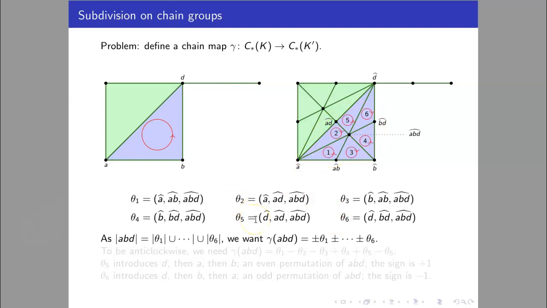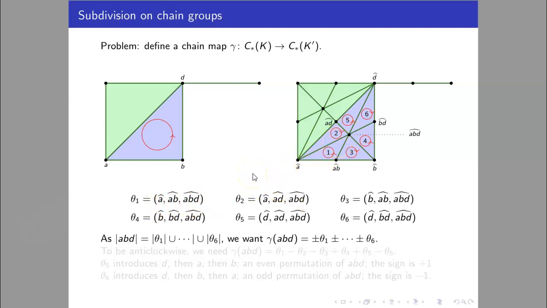So how should the signs be determined? Well, ABD is anti-clockwise, and so what we want is to take all of these triangles anti-clockwise. But notice if we look at theta 1, then that naturally occurs anti-clockwise. We've got A hat, AB hat, ABD hat, going around in an anti-clockwise way.